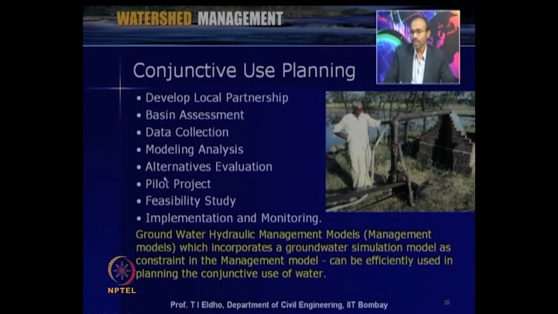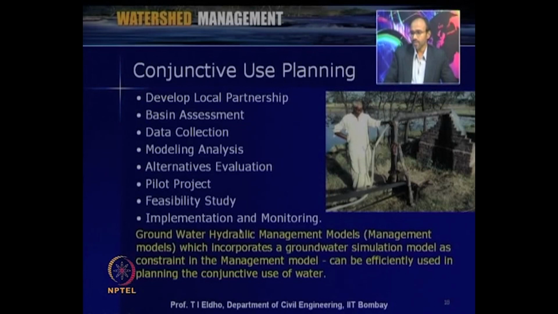And then we have to develop a detailed feasibility study for the area to develop an appropriate conjunctive use plan. The next stage is to implement the best developed plan, and then constantly monitor whether it is working fine and giving the optimal outputs.